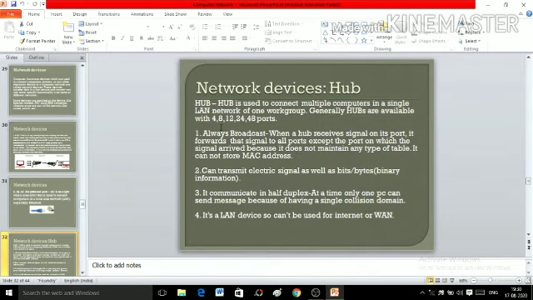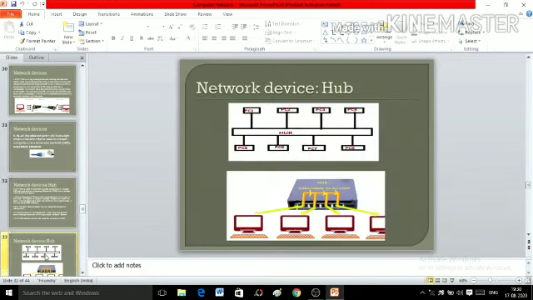Its first feature is always broadcast. What is the meaning of always broadcast? Let us see the example of hub. Here in this example, there are 8 systems which are attached to this hub. Now suppose PC1 wants to send a message to PC8, then first of all the message will pass from PC1 to the hub.